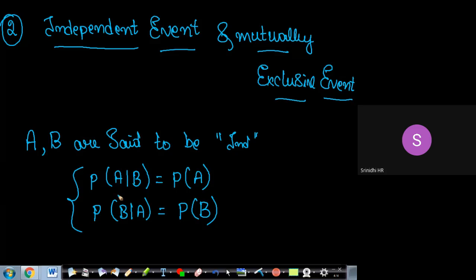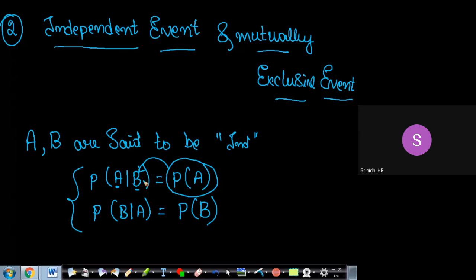How do you tell that it is independent? I'm calculating the probability of A given B. So using B, I'm calculating the probability of A, which is equal to the probability of A. By looking at the equation, I can tell that the probability of A is not dependent on B. It is independent of B. Am I right?